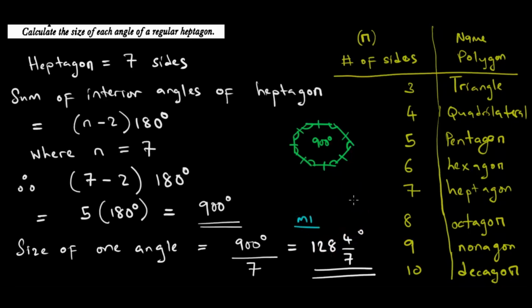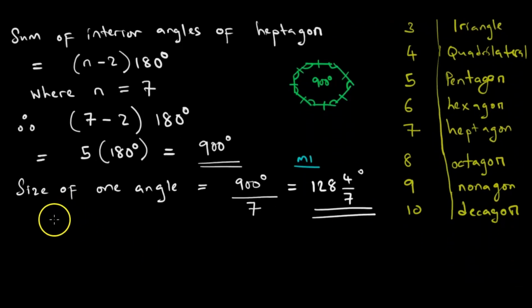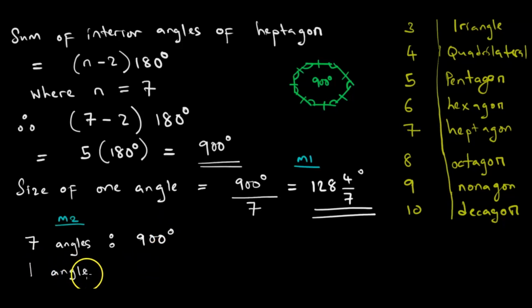But if you are my student and you know how much I prefer proportion, we can do this using proportion. So call it method number 2, an alternative method, where you say: if 7 angles add up to 900 degrees, then one angle is equal to x, which we don't know.